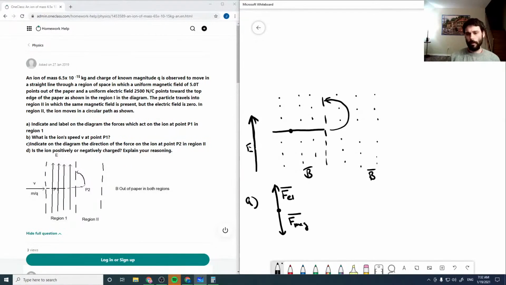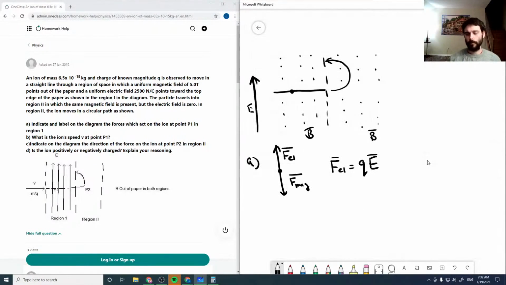And we can write these as well. So this is going to be QE, and our magnetic force is going to be QV cross B.